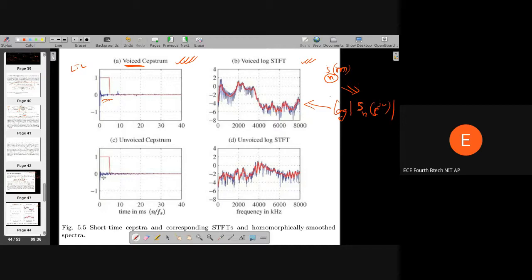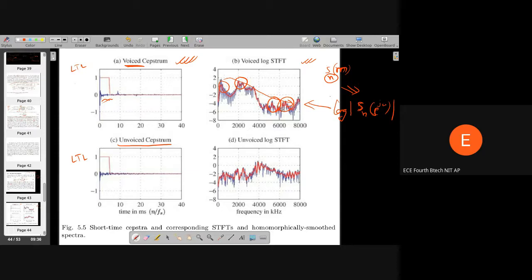Now this is for voiced. For unvoiced, again they have done the same process. So you can see what happens here. You can see these identified. There are probably 4 resonators here in voiced. Similarly in unvoiced, and these resonators are what? In voiced speech, the higher resonances are weaker.